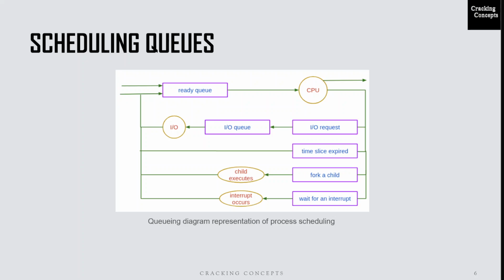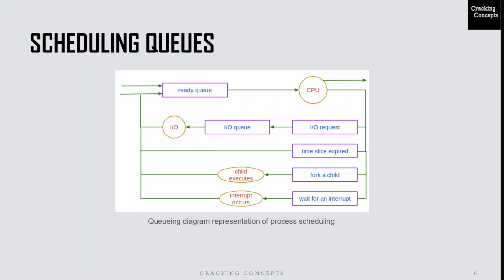Once the process is allotted the CPU and is executing, one of several events could occur. The first one is the process could issue an I/O request and then be placed in an I/O queue. The process could create a new child process and wait for the termination of the child.